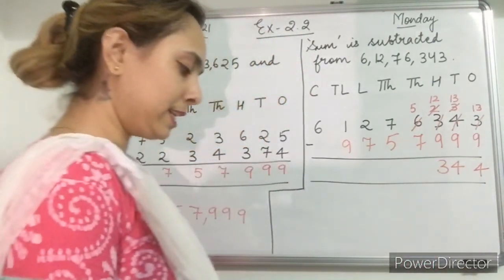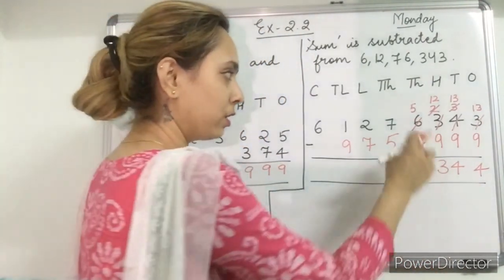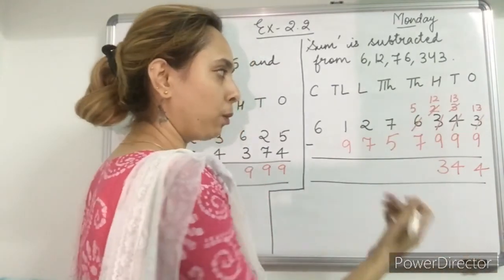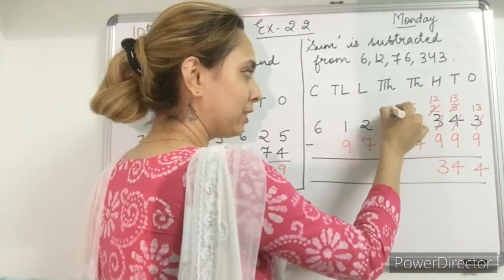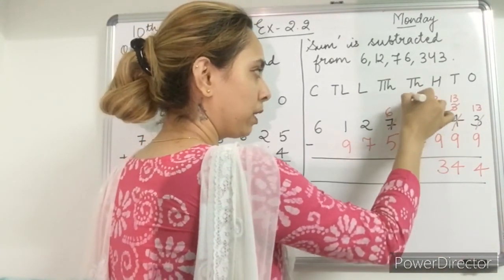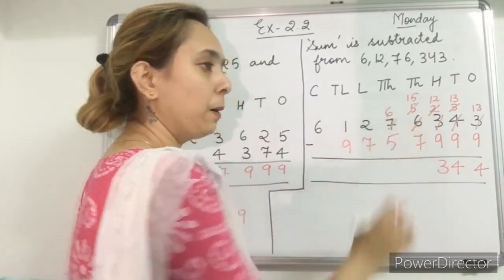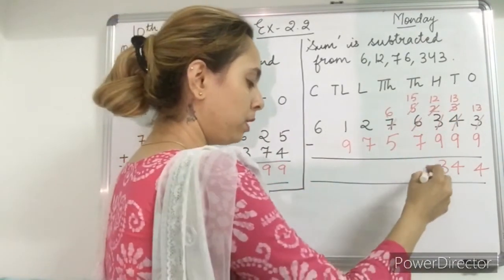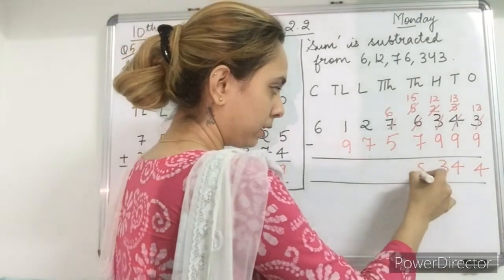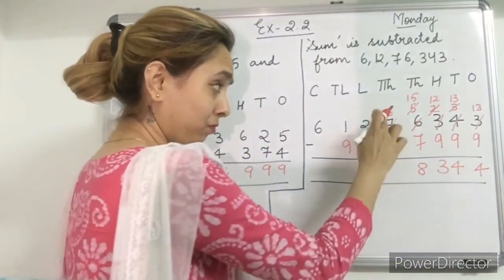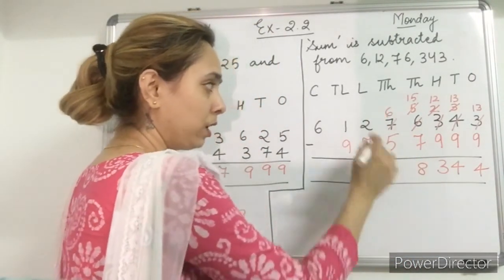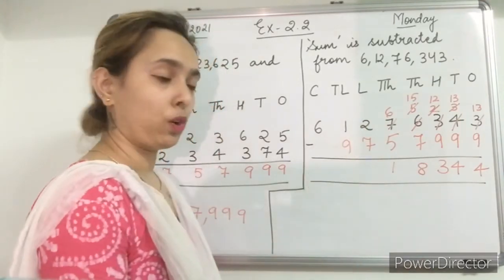Yes, students. Next is 5 minus 7, again not possible. Borrow. This will become 6 and this will become 15. So 15 minus 7 is possible. So we will write 8. 6 minus 5 is 1. 2 minus 7 is again not possible.